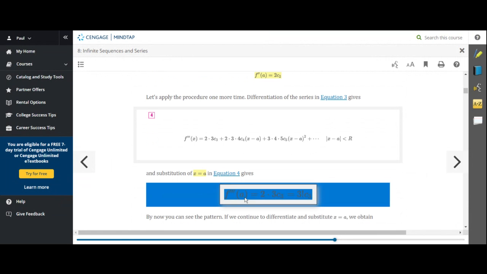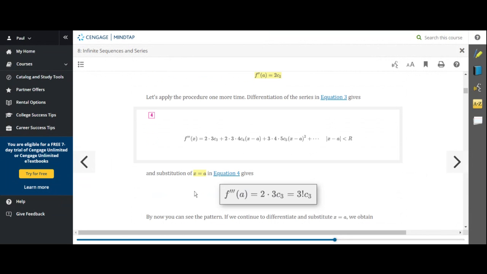Okay, so interesting, right? So C3 is going to equal the third derivative of f at a divided by 3 factorial. C2, by the way, is the second derivative at a divided by 2 factorial. C3 is the third derivative of the function evaluated at a divided by 3 factorial.